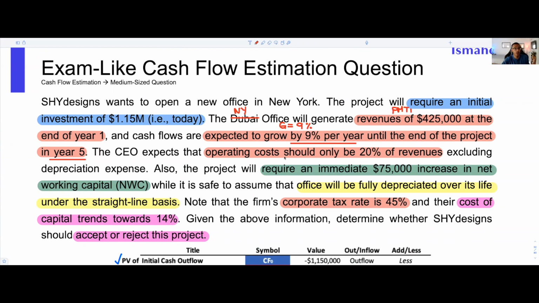But they're also letting you know, hey, by the way, the CEO expects the operating costs to be only 20% of revenues, all right? So if our revenues are $425,000 in year 1, but we know that our revenues are increasing, well, by definition, if our costs are a function of our revenues, our costs will also be increasing, okay?